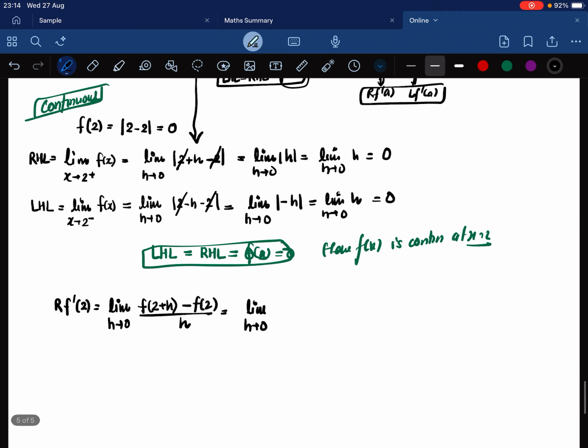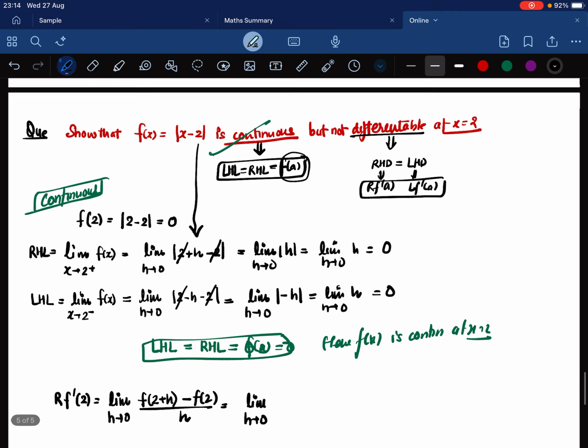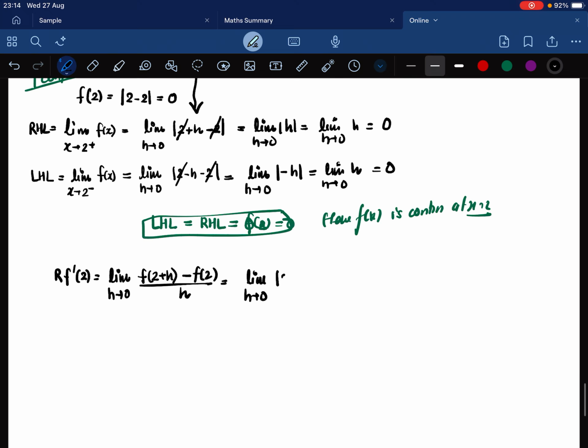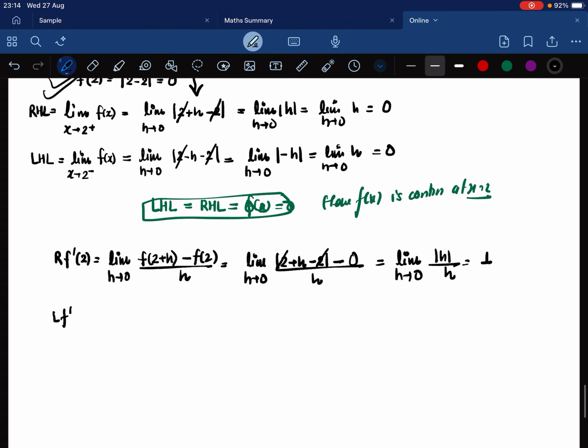Writing the function as |x - 2|, we get |2 + h - 2| minus f(2), which we have already calculated as 0. So this is 0 and this gets cancelled. Limit h tends to 0 of |h| by h, and |h| is h, so it will be 1.